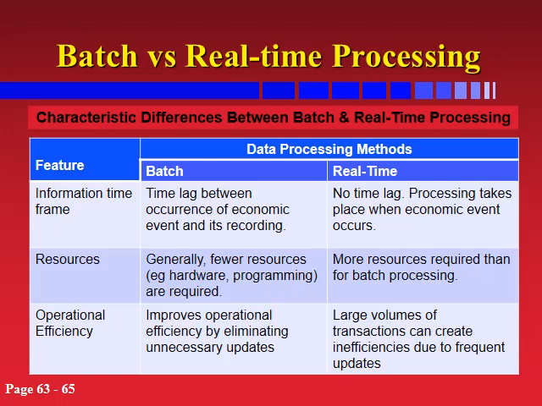However, in cases where the time lag in information doesn't affect the user's performance, or having up-to-date performance data is not important, then batch processing could be a better choice. For example, the update to the general ledger system is usually done in batch processing mode.